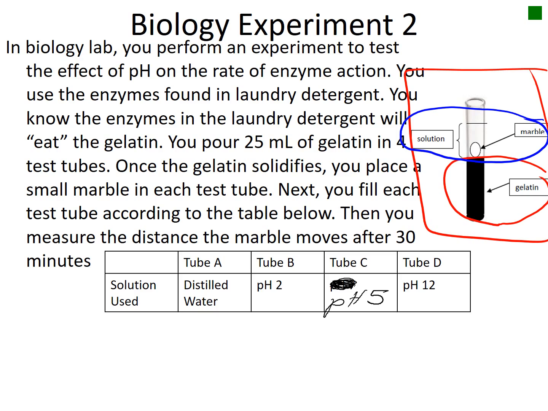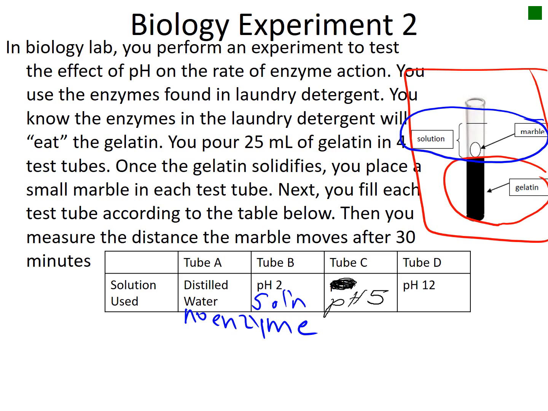The solution in tube A is just regular water, no enzyme. Tube B, the solution is going to have a pH of 2. Tube C, solution has a pH of 5, and tube D, solution has a pH of 12.